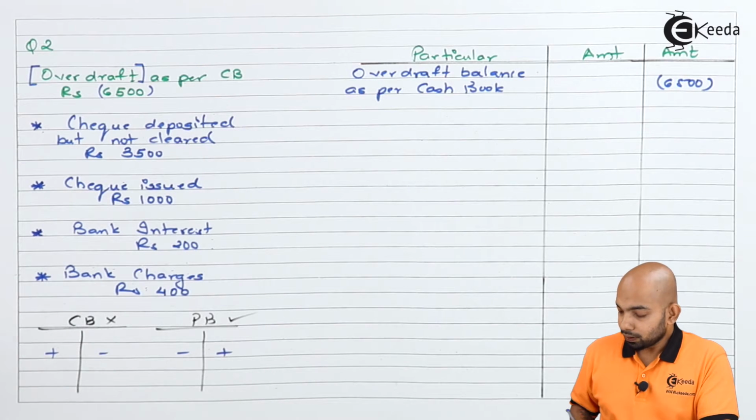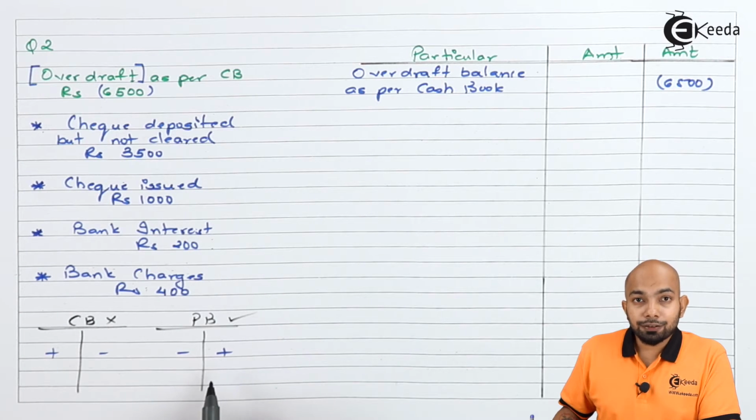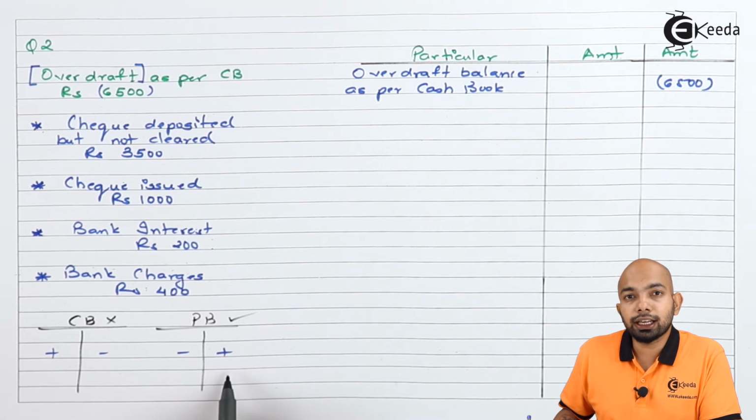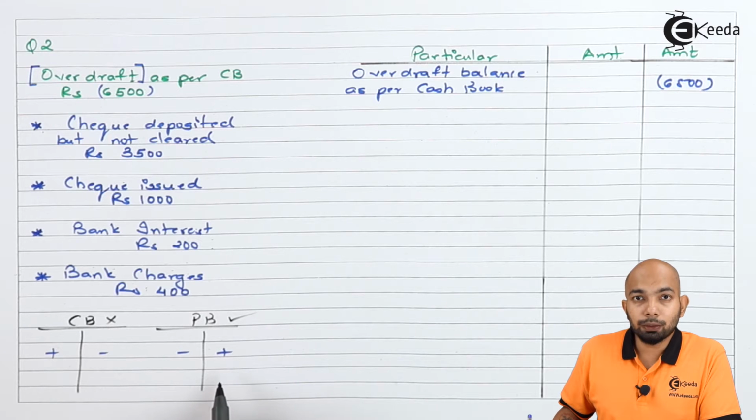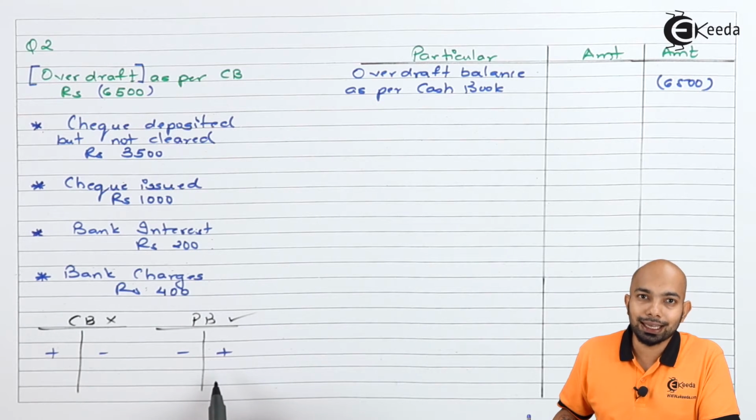If a check has been deposited, it shows on the debit side of the cash book and on the credit side of the passbook. Whether the passbook has to be debited or credited is decided as per the transaction in the cash book. For this transaction, we have the cash book being debited and the passbook being credited. So if the transaction has already been made in the cash book, we need to understand how the transaction will take place in the passbook.